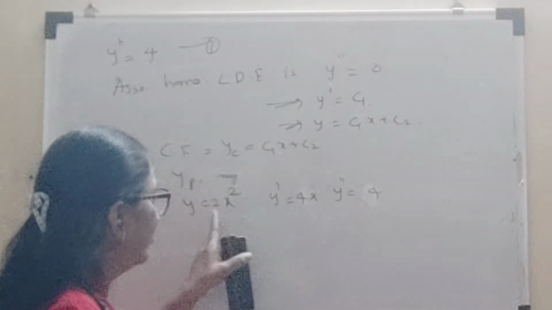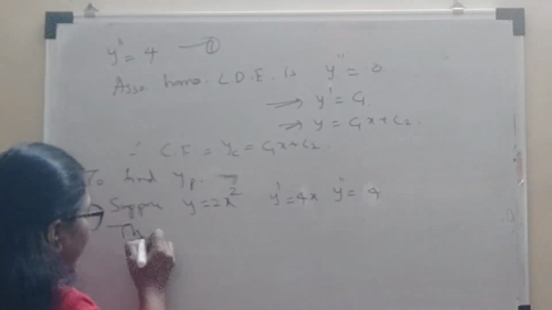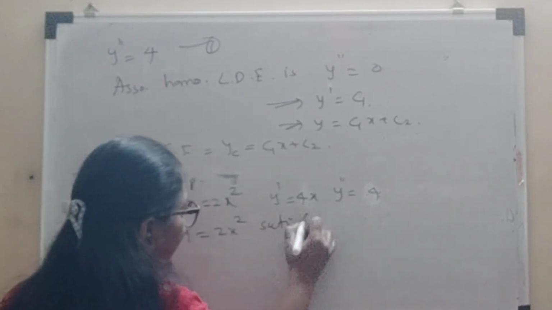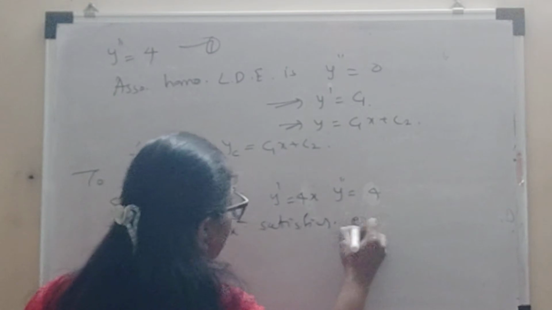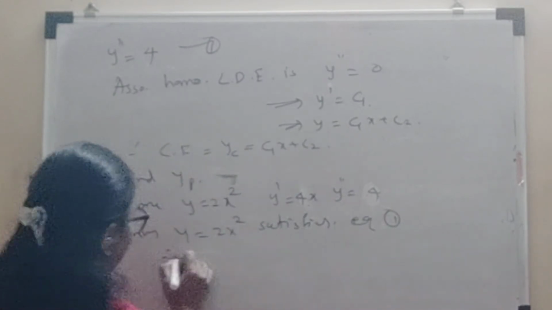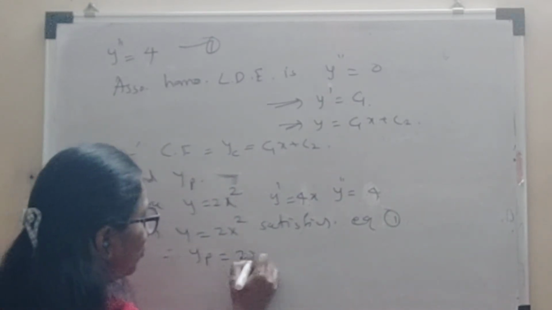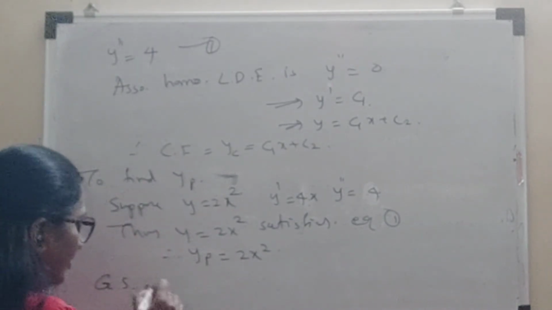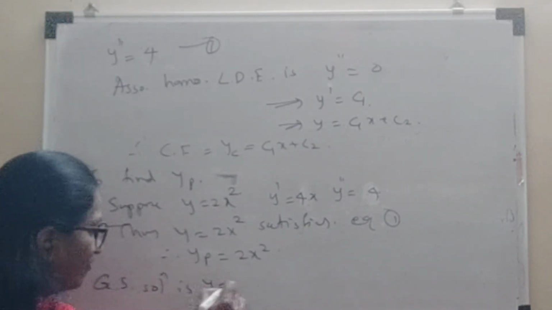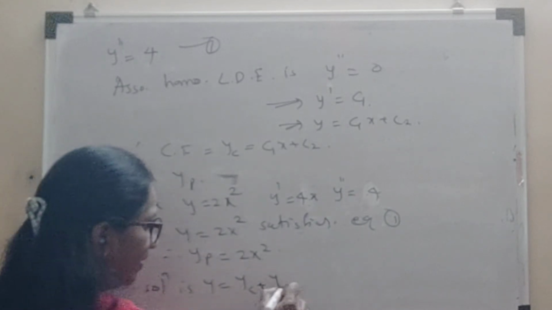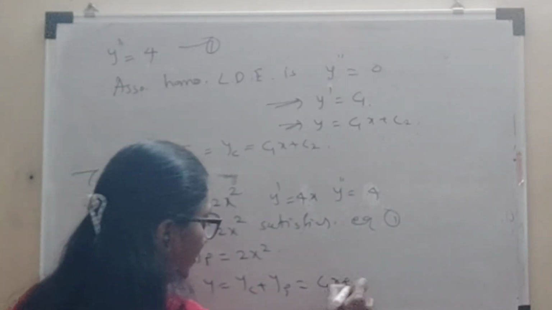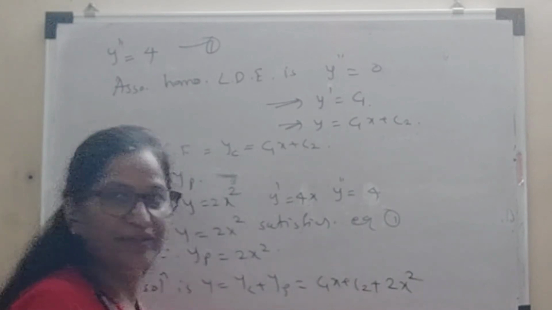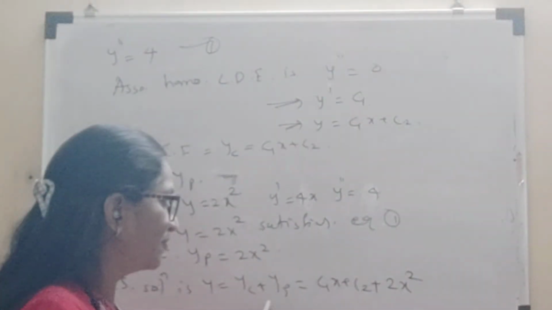So it is a yp. Thus y is equal to 2x square satisfies equation 1. So therefore yp is equal to 2x square. So the general solution is y is equal to yc plus yp. yc is c1x plus c2 and yp is 2x square. So it is nothing but the general solution.